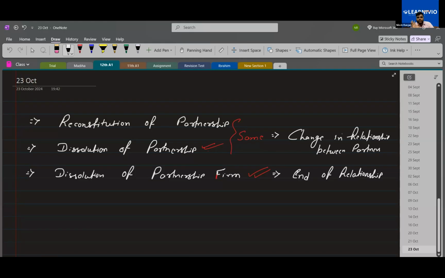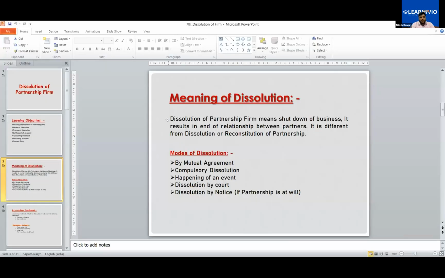So shut down of business is called dissolution of partnership firm. Understood? So this is the definition: dissolution of partnership firm means shut down of business. It results in end of relationship between partners. It is different from dissolution or reconstitution of partnership.